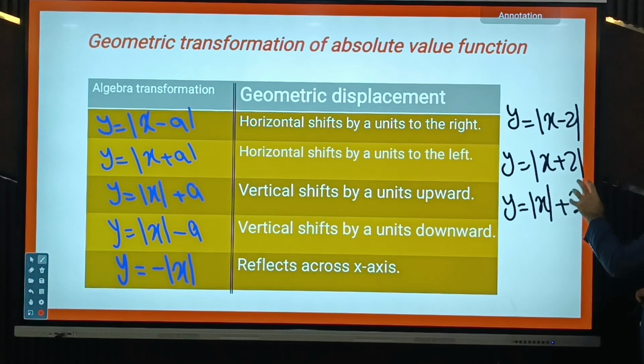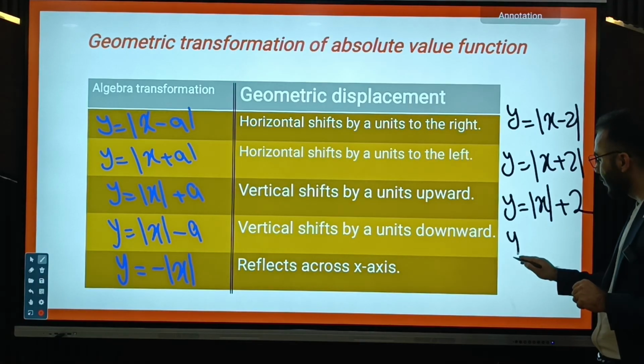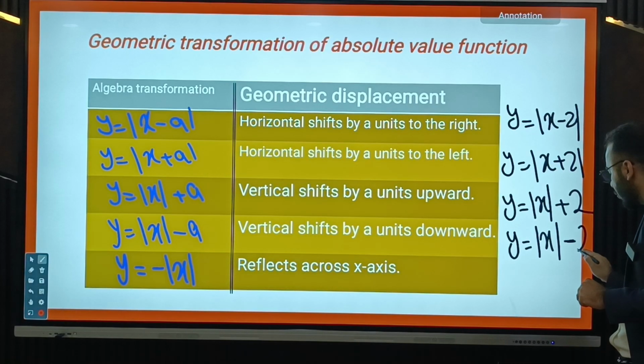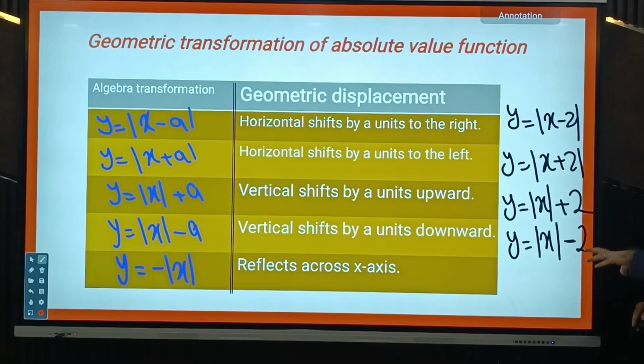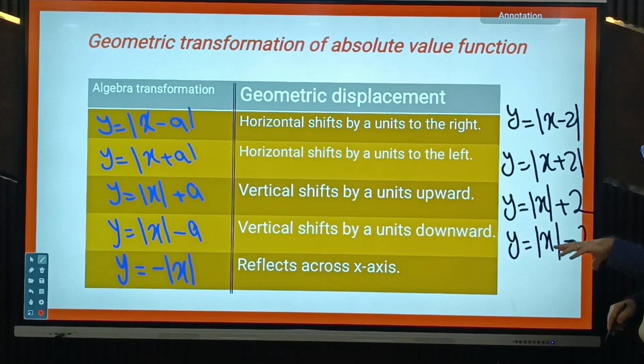How many units depends on the number a. How about shifting vertically by a units downward? For example, y equals the absolute value of x minus 2. If it was subtracted by a number, you are going to go downward.